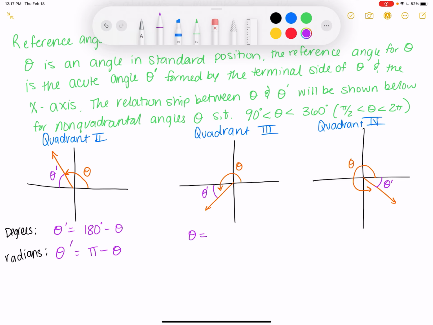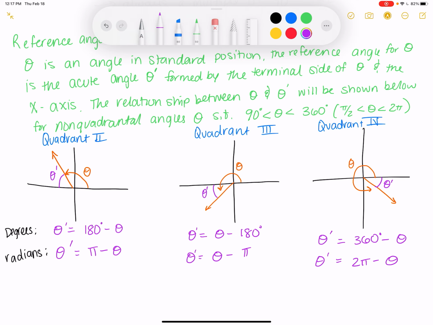Theta prime is theta minus 180 degrees. For radians, these are theta primes here, theta minus pi. And then for quadrant 4, theta prime is 360 minus theta. For radians, theta prime is 2 pi minus theta.